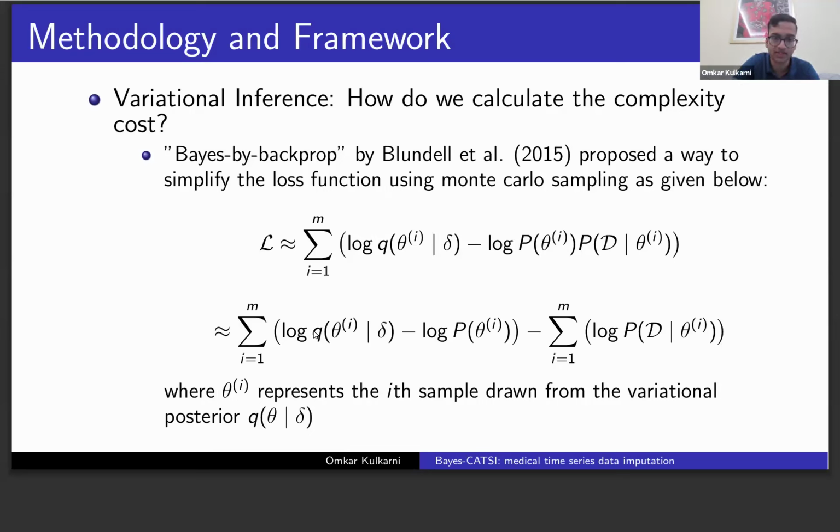So here we see that the simplified form of our loss function comes out to be the summation of the log of the variational posterior minus the log of the prior added to the likelihood cost, where theta i represents the ith sample drawn from the variational posterior.